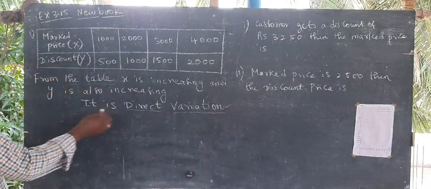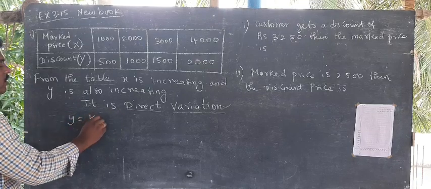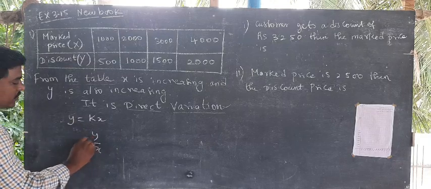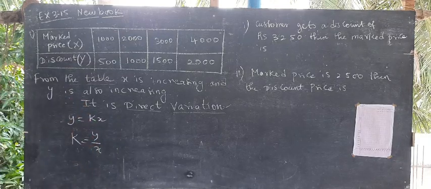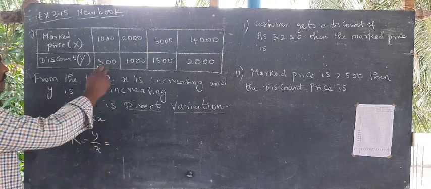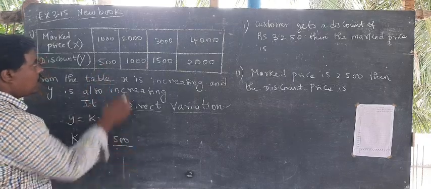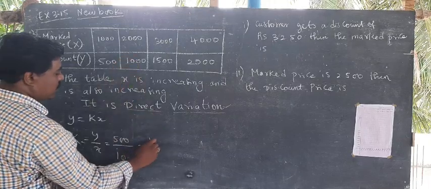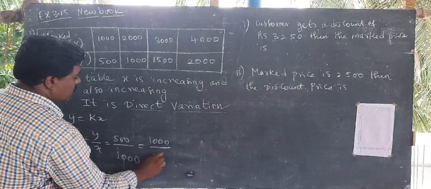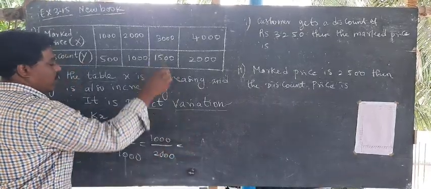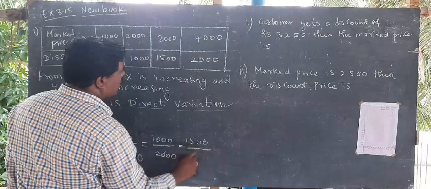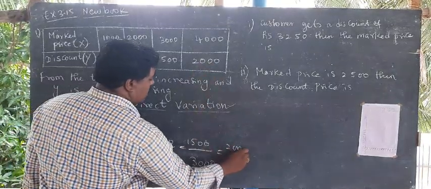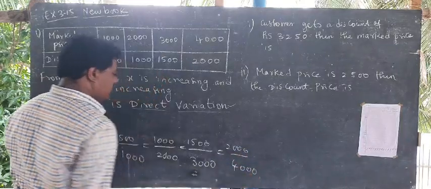Direct variation means the formula is y equal to kx. Taking x here, k equal to y by x. Y is 500, X is 1000. Y is 1000, X is 2000. Y is 1500, X is 3000. Y is 2000, X is 4000.